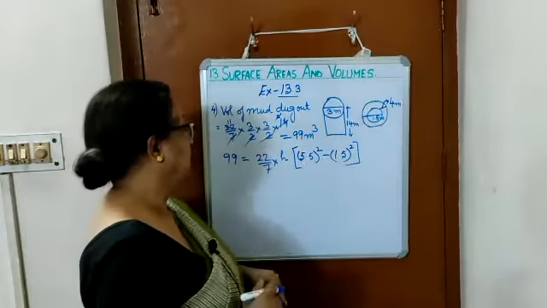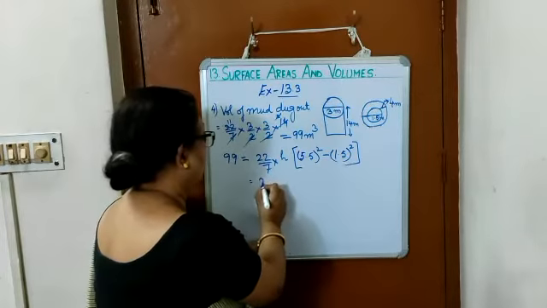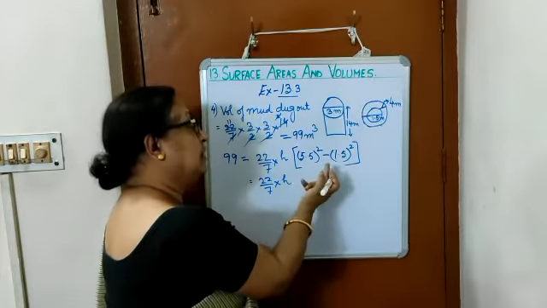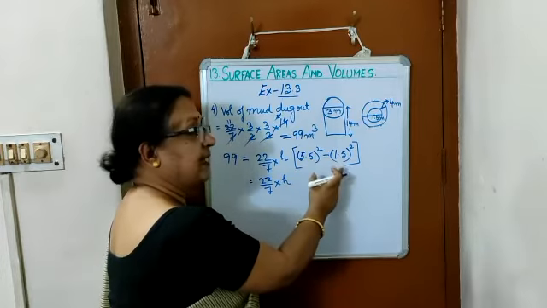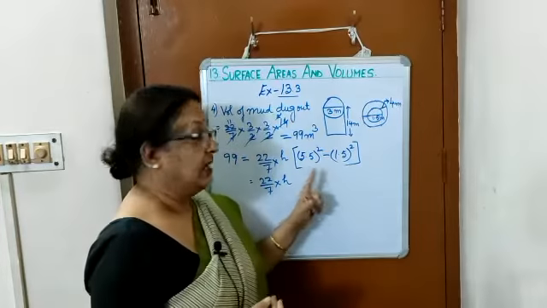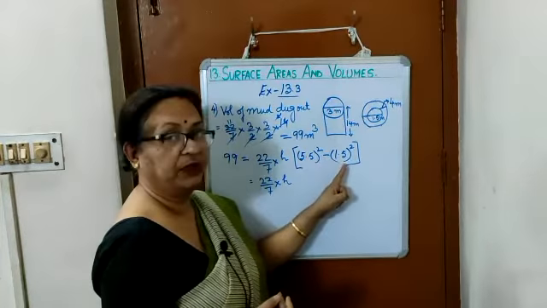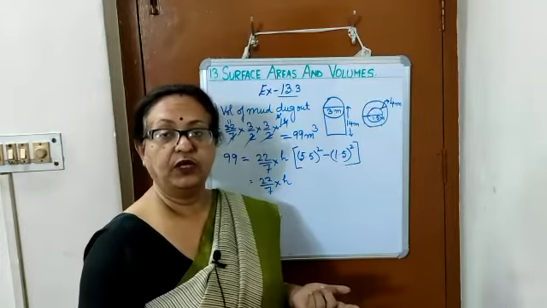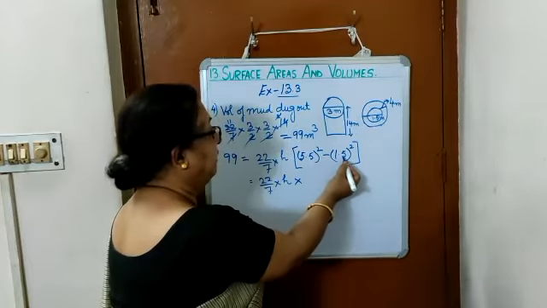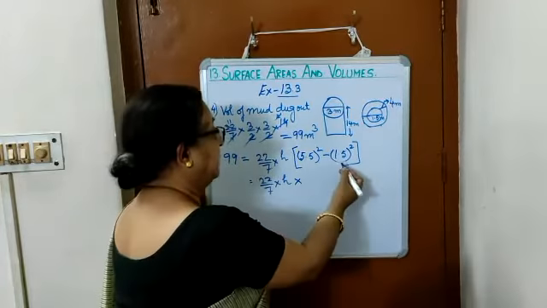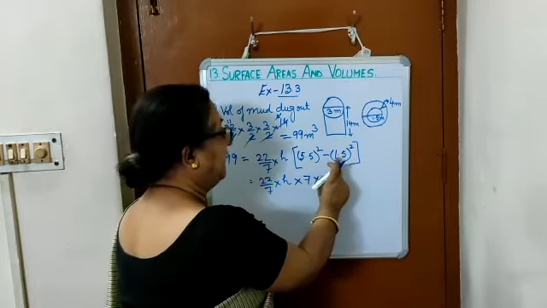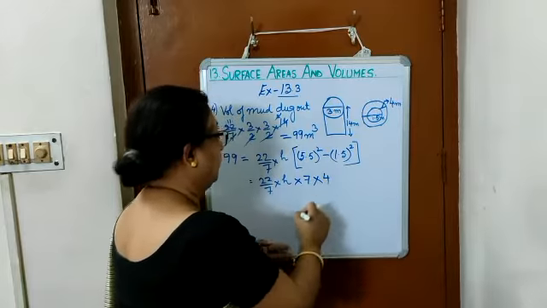So now you have to just solve it. So this is equal to 22 by 7 into h. Either you can find out the squares and then subtract, or the easiest way is to apply a formula. This is of the form a square minus b square. You know a square minus b square is equal to a plus b into a minus b. So we have a plus b, 5.5 plus 1.5, that is 7, into a minus b, 5.5 minus 1.5, you get 4.